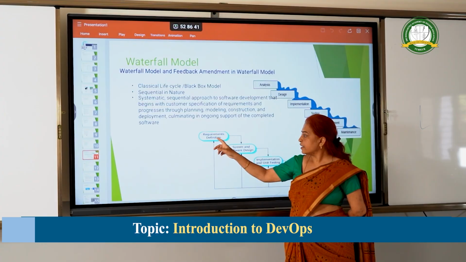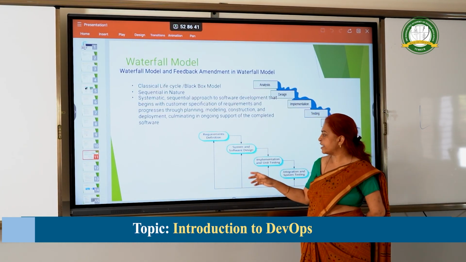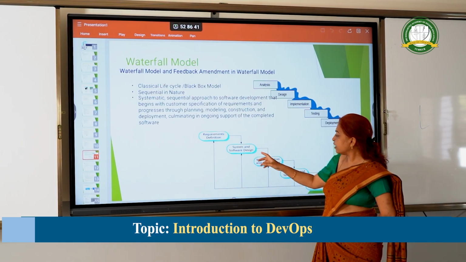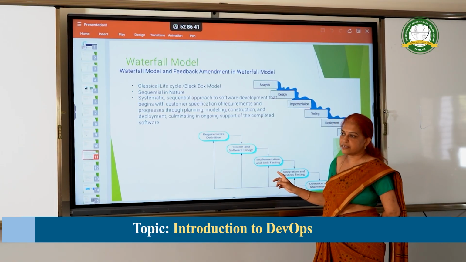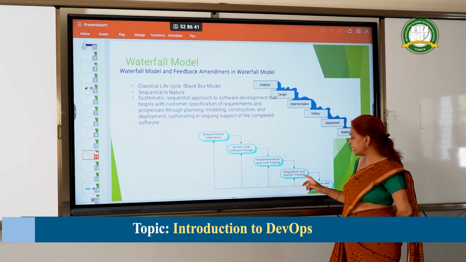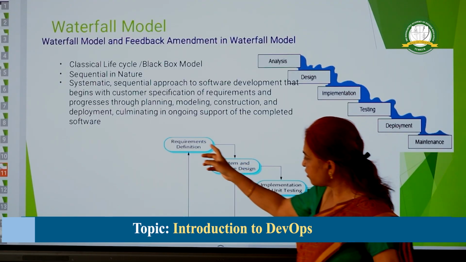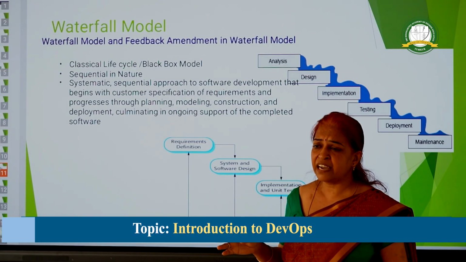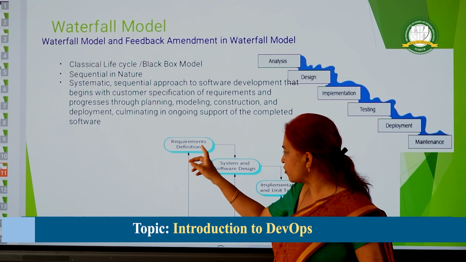Next, system and software design will be done, then implementation and unit testing will be conducted, then integration and system testing, and last the operation and maintenance. In the requirement phase, we gather what they already have and what is needed.